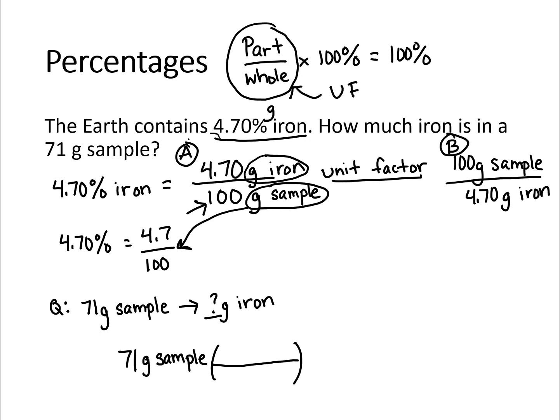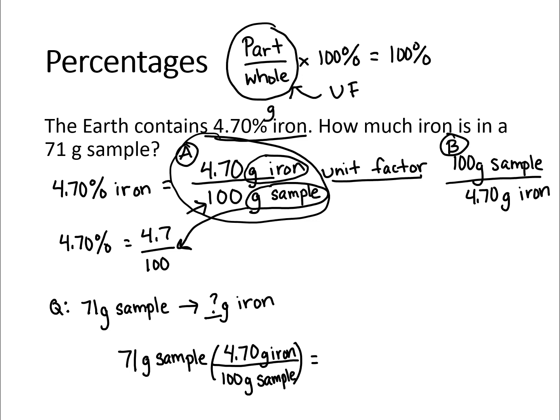We're going to use A. See, I told you it's not always B. So to get back to your question, the purpose of the 71 is so that we can figure out the number of grams of iron in that sample.